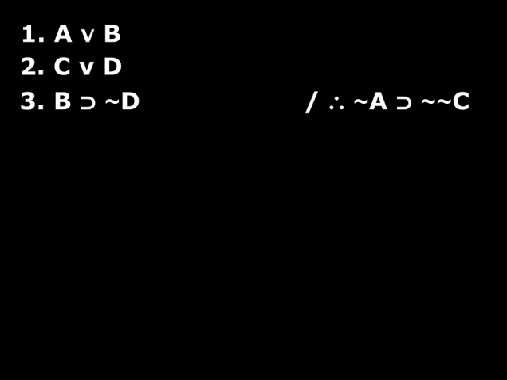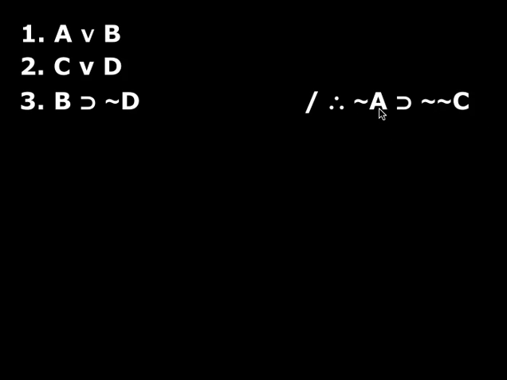So the conclusion is conditional. If not A, then not C. By the way, you should be able to, at this point, just look at this and say, well, if I did conditional proof, this would be pretty easy. If I assumed not A, how could I get not C?